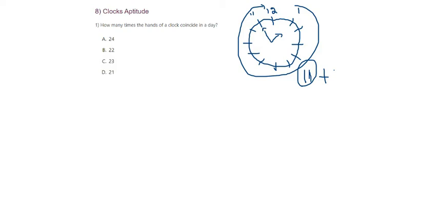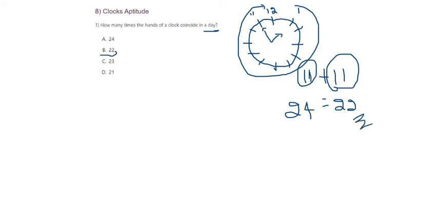So it is 12 minus 1, which is 11, in every case. Therefore 11 plus 11, which is in 24 hours, which is a day. A day has 24 hours, so 11 plus 11 is nothing but 22. Therefore your answer is B, 22. It's very simple to understand.